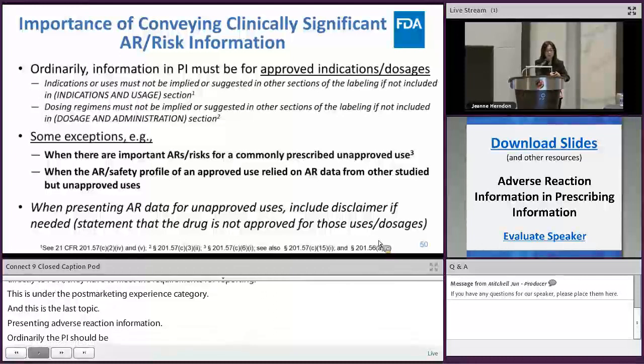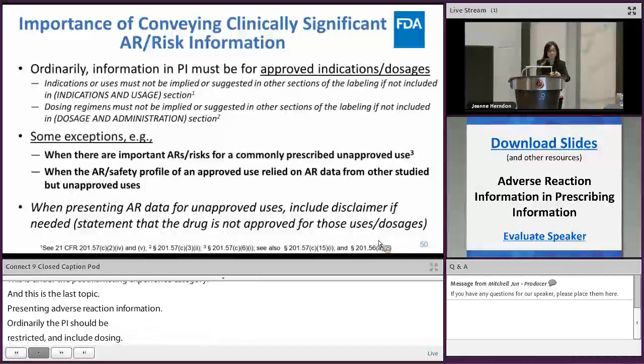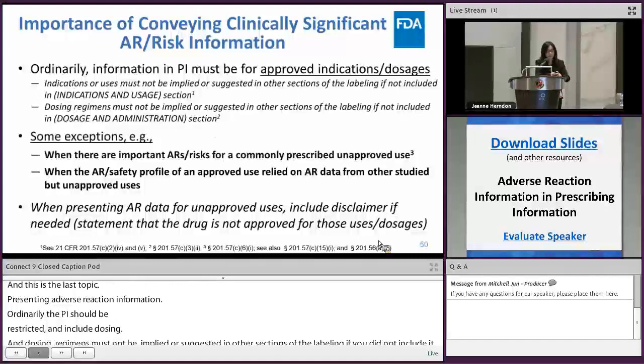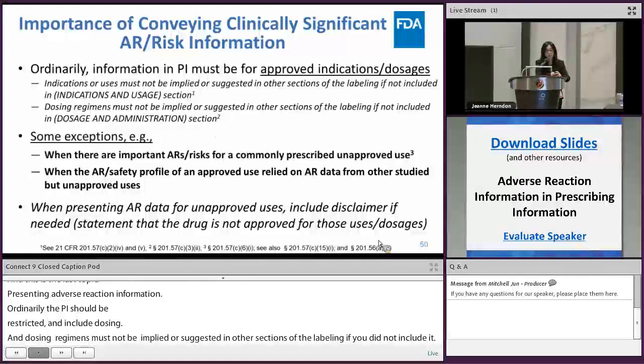This principle is repeated numerous times throughout the regulations in different spots. Indications or uses must not be implied or suggested if they're not included in the INU section, and the same goes for dosage and administration.